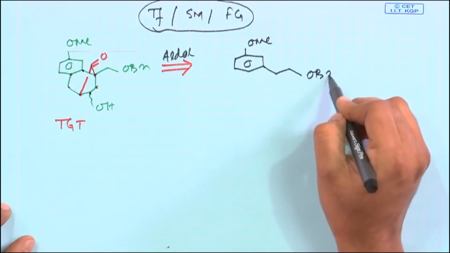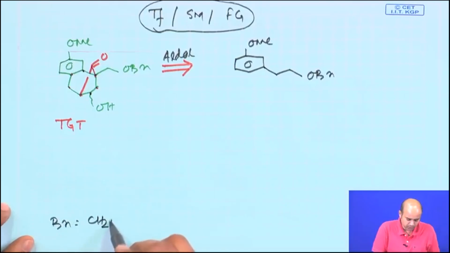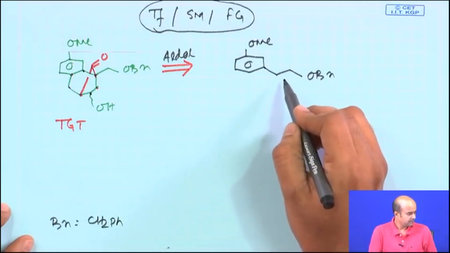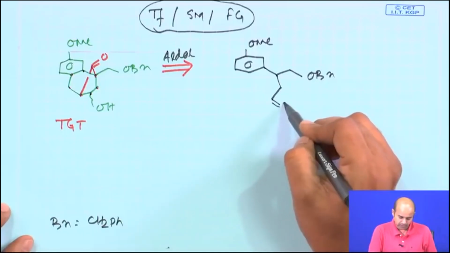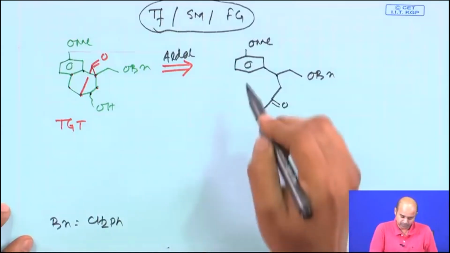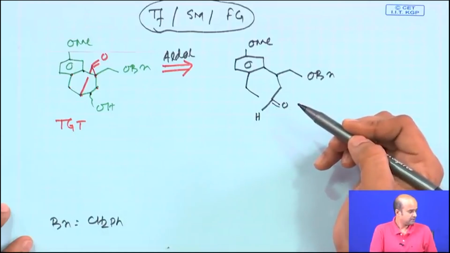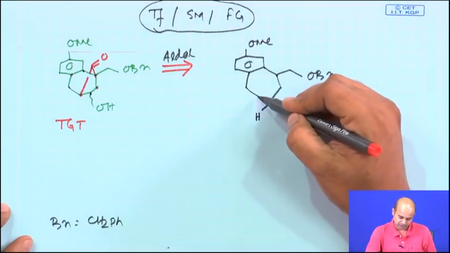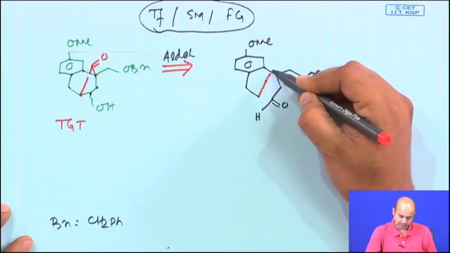So, this is OBn, Bn is basically benzyl, CH2Ph, it's an abbreviated form. Then from this part you can fuse, or you can make a hanging aldehyde appendage. Then you put these things something like this, and then you try to make the bridge.